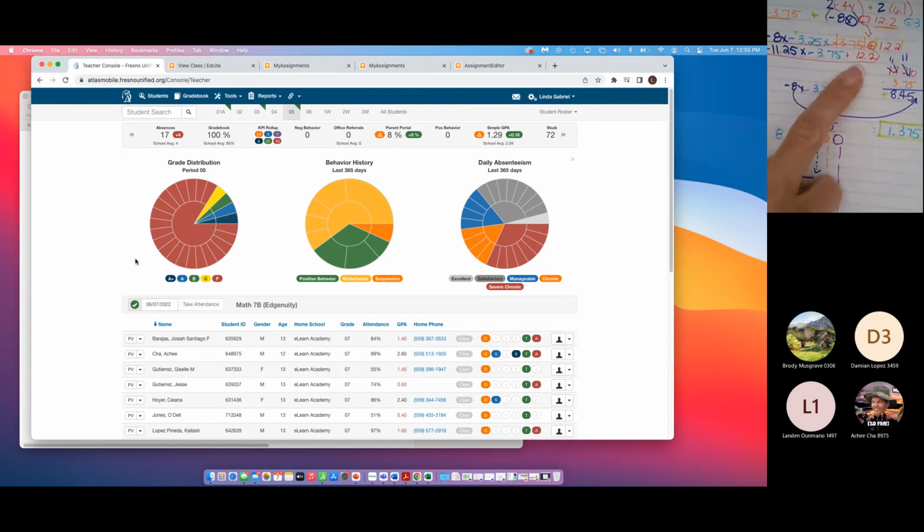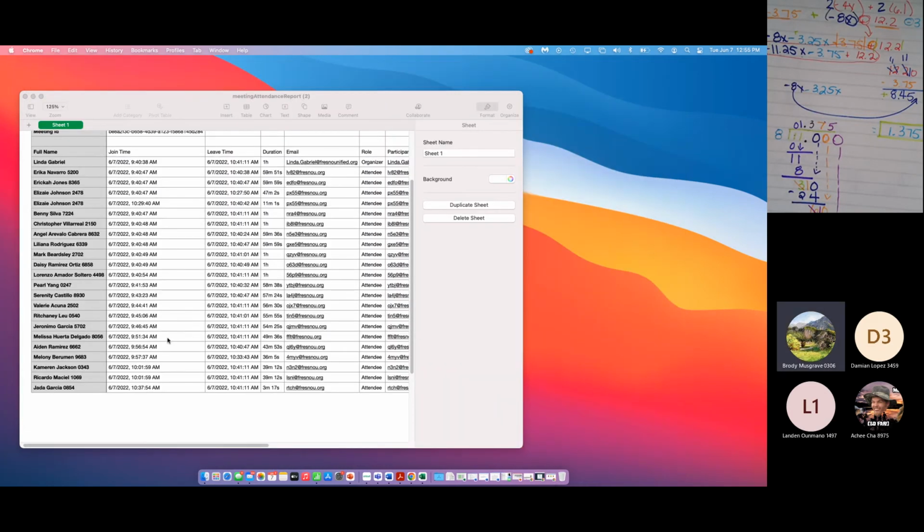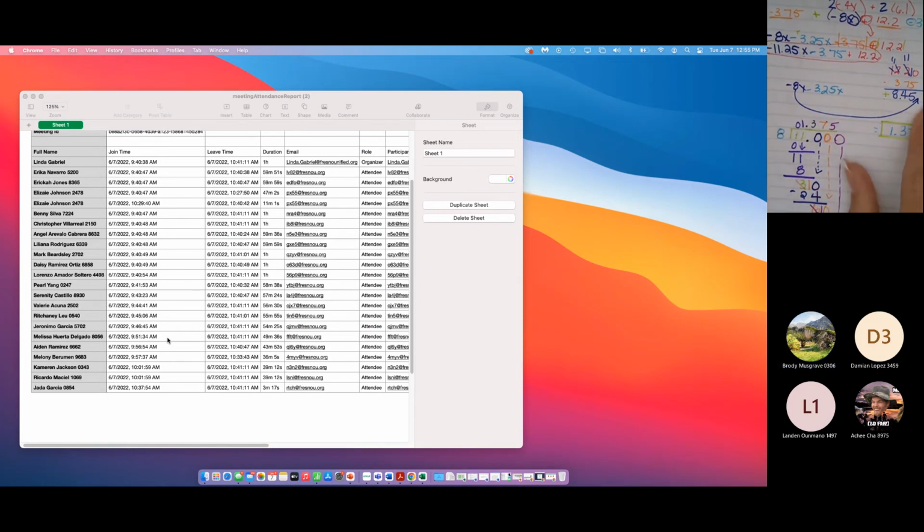I believe the second and the fourth options were the correct ones. So I had 11.25 plus 12.2 minus 3.75. And then the other one was 8.45 minus 8x minus 3.25x. Okay.